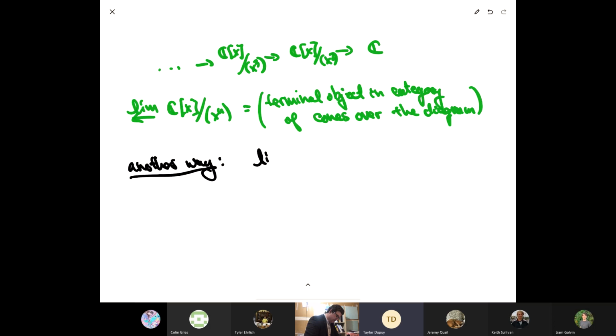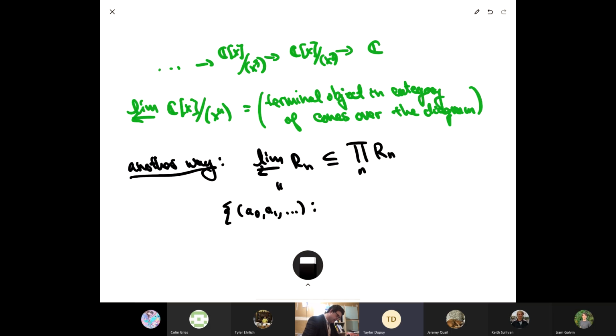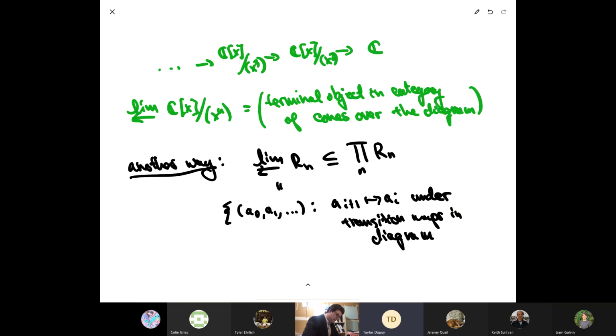In general, if you have something like this, it is a subset of the product of the R_n's, equal to the set of (a_0, a_1, ...) where a_{i+1} maps to a_i under the transition maps in the diagram. So that's another way to do it. And it turns out that this thing is isomorphic to the power series ring here.